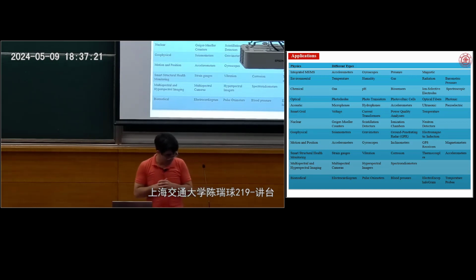Yes, these are the other applications of multisensories. So this is similar to the last table, talking about acoustical, especially sensors like microphones or acoustic emissions, accelerometers, in material properties like strain gauges.